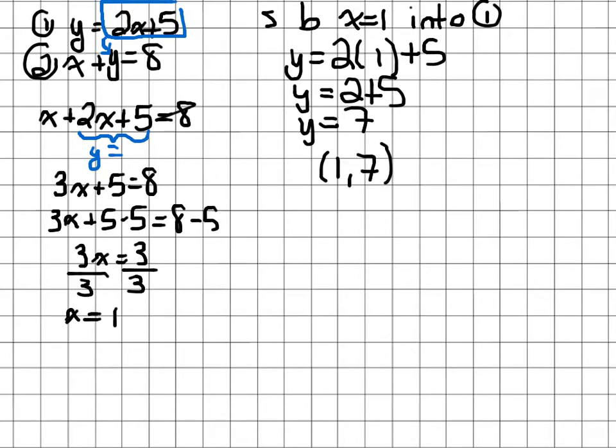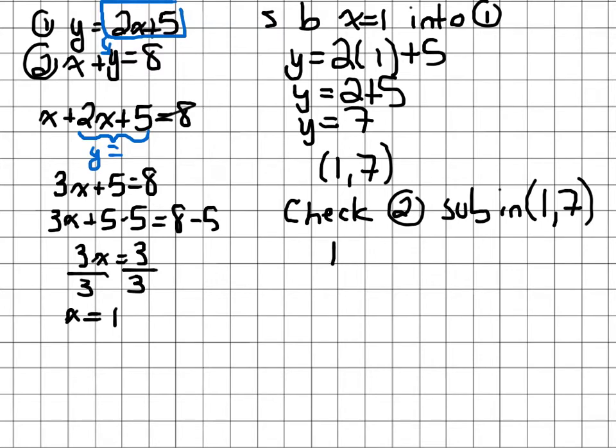But we're actually not 100% sure, because we've only checked to see if that works in equation number 1. What we want to do is verify that that works in equation 2. So we're going to check equation 2, and we're going to sub in (1, 7).